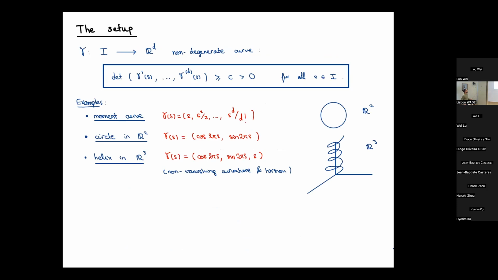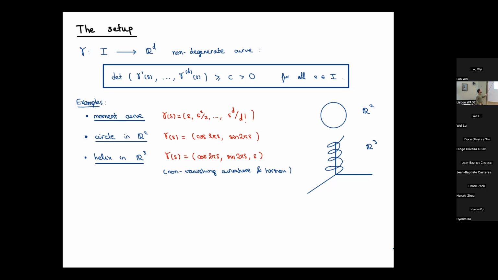Okay, so the setup which I'm going to be working with is, let gamma be a non-degenerate curve, and I'm only going to be working in 3 dimensions, but I'm going to start by putting the setup in a general context. By non-degenerate curve, what I mean is that the derivatives, if d is the ambient dimension, of the parameterization for gamma span R^d.